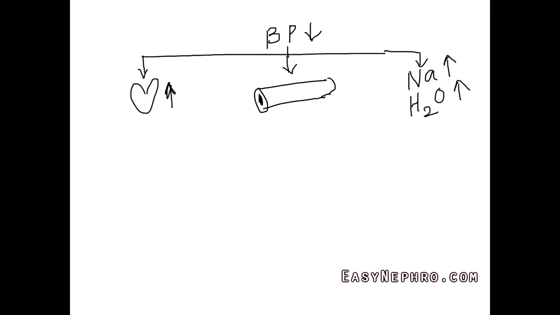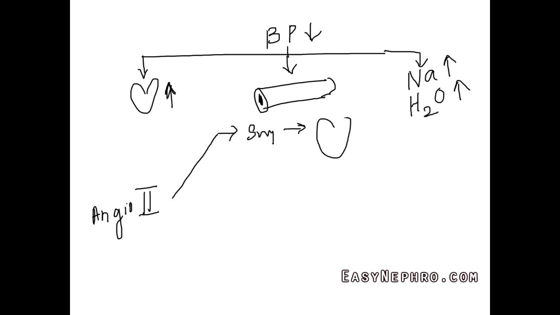Now, angiotensin 2, as I mentioned, the main player of the game, in fact ends up doing these three processes. Through sympathetic activation, as well as through some believed direct activation of the heart, it can end up increasing cardiac output.